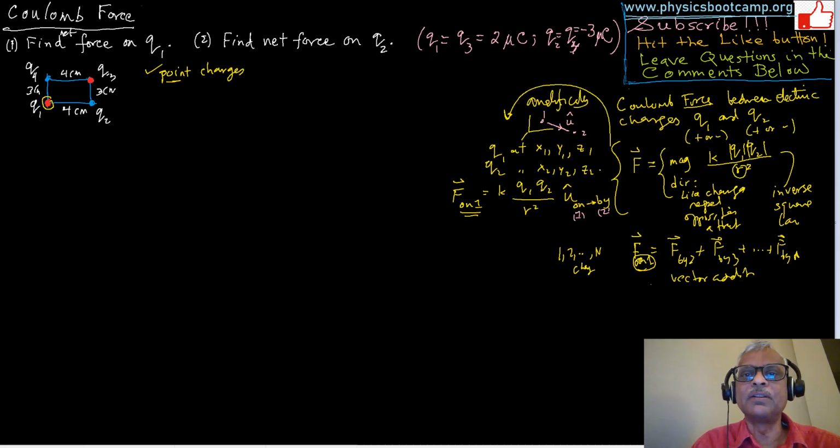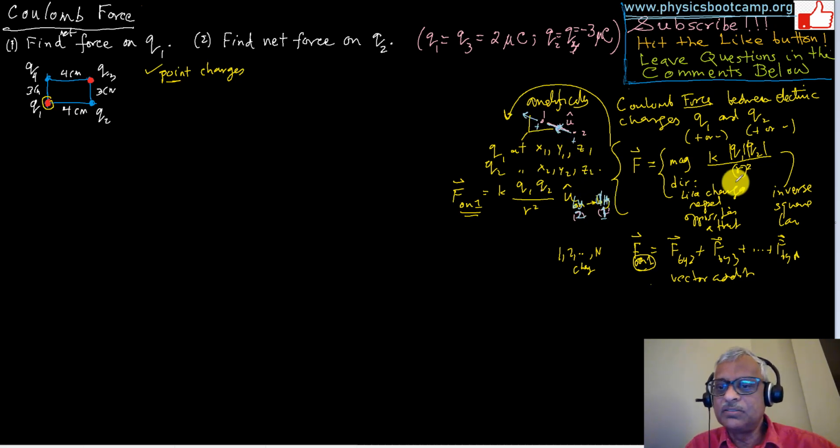This should be 2 to 1, right? So this is 2, so the unit vector will be in that direction, 2 to 1. So if this is positive, then the force on 1 should be in that direction, the same direction you had. So this is force by 2 on 1.